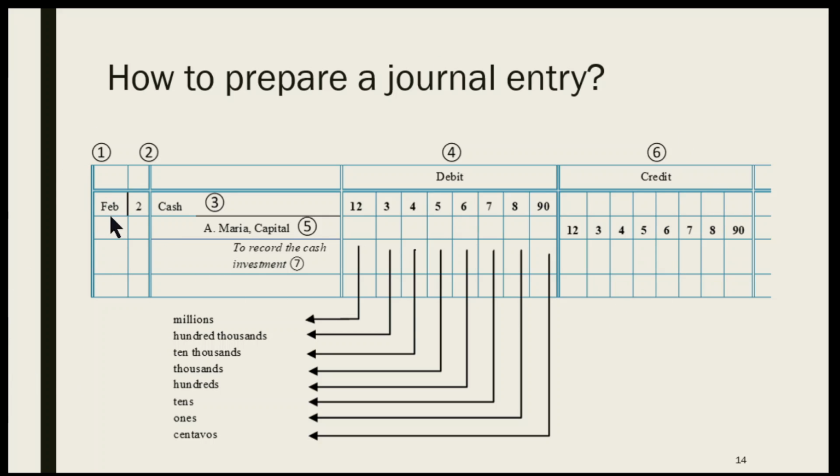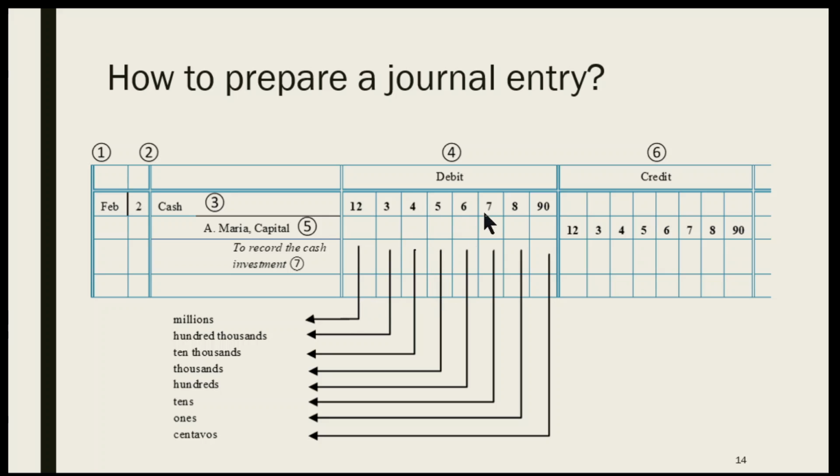We have to write the date and the debit and the credit. When we debit an account title, we also have to write the amount under the debit column. And then we credit the account title, and we also need to write the amount under the credit column.